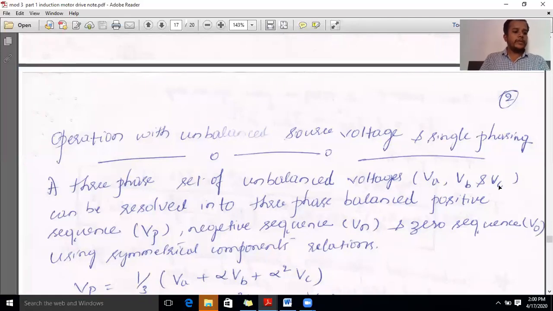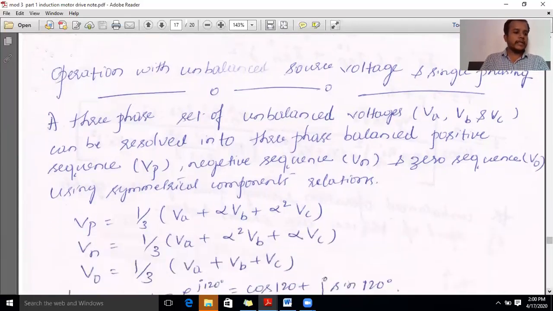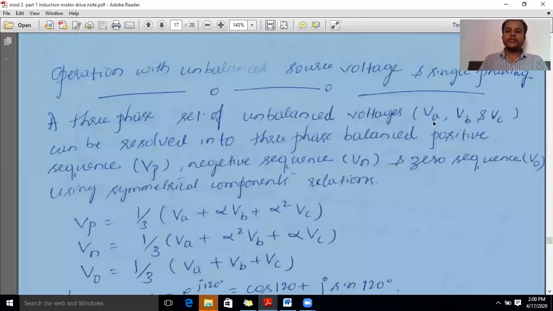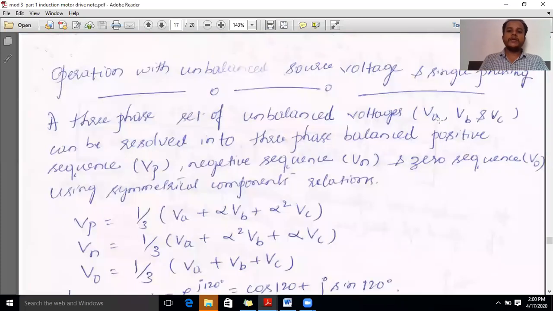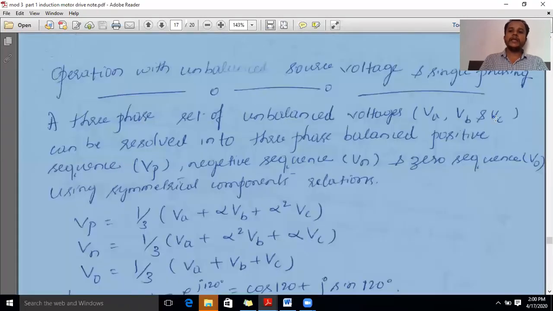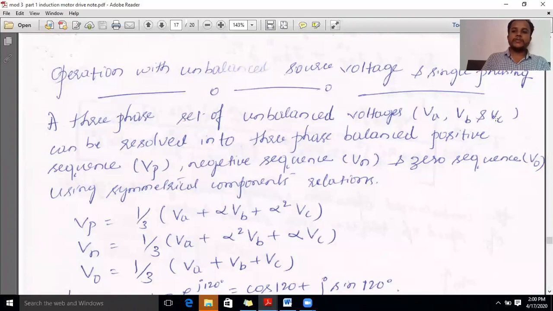So if I take these positive, negative, and zero components, then I can write V_A equals V_p plus V_n plus V_0, and V_B again is V_p plus V_n plus V_0, and the same for phase C. Now we can write these equations.